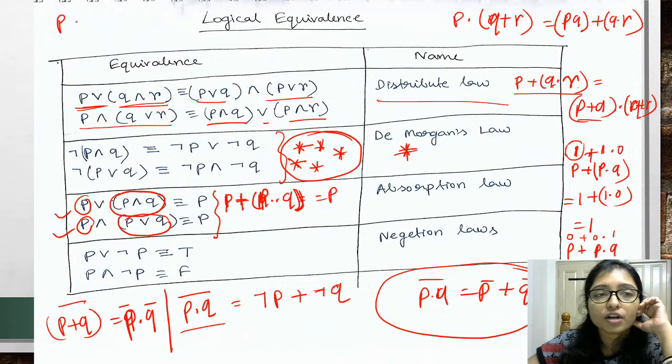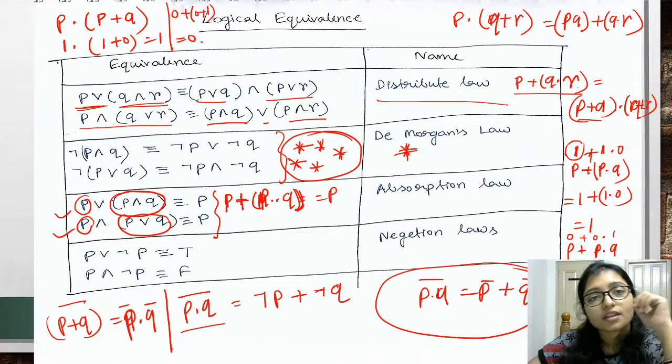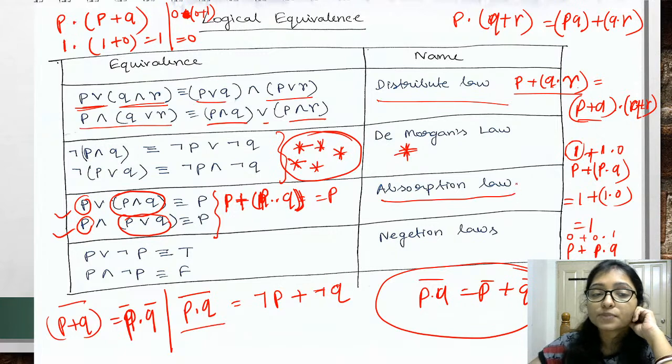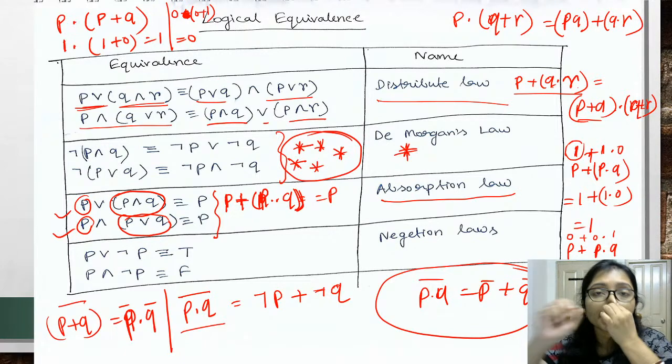And for this one also, P dot P plus Q. If you take this is 1 and this is 1 plus 0, it will come 1. And if you take 0, 0 plus 1, that will come 0. Okay. So here there is dot, so that is also called absorption law. How is it absorbing? It is absorbing inside.